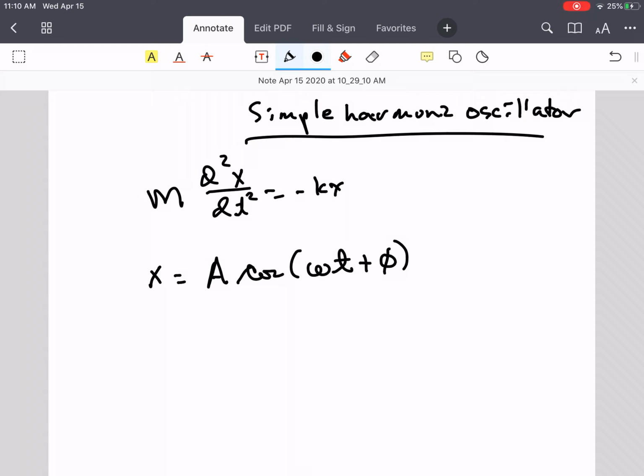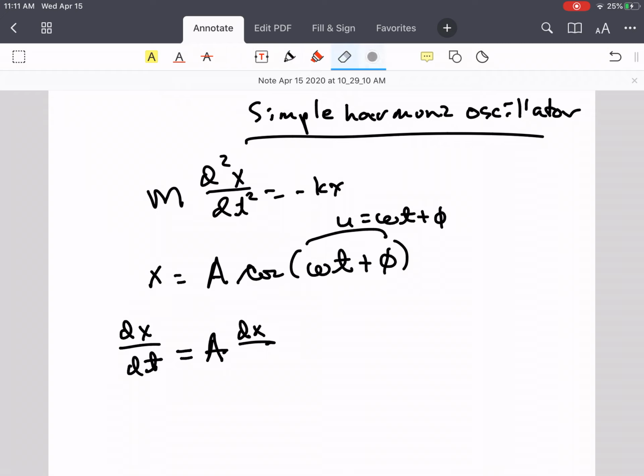And what we're going to do is just take some derivatives. So let's take the first derivative of x with respect to time. The way this works, I have a times the derivative of cosine with respect to this whole thing, which I'll call u. So u is going to be defined as omega t plus lowercase phi, or actually, in order to avoid some notation, let's just call that capital phi. That's our overall phase of the motion, which I introduced earlier.